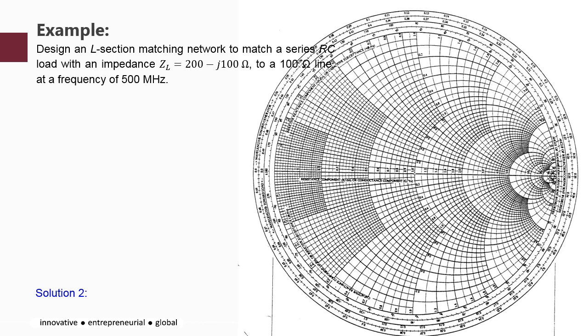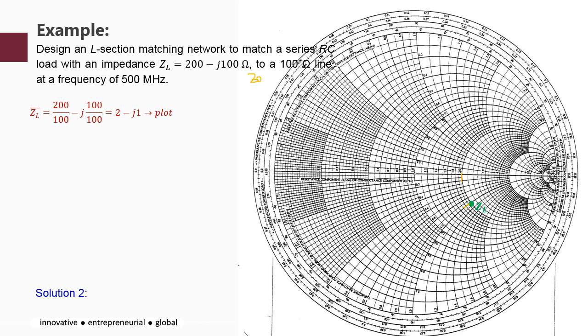As usual, you need to find the normalized load impedance. So given the impedance is 200 minus J100, divide by the Z naught equal to 100 ohm, so you get 2 minus J1. Plot it in the Smith chart. So that's your 2 intersecting with minus J1.